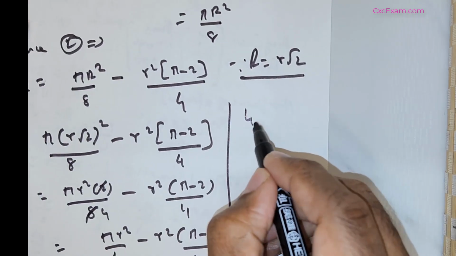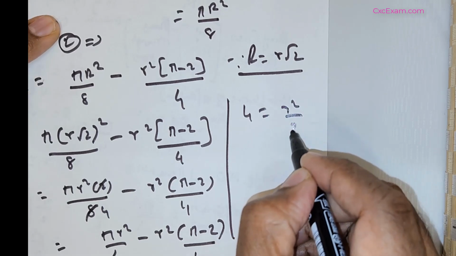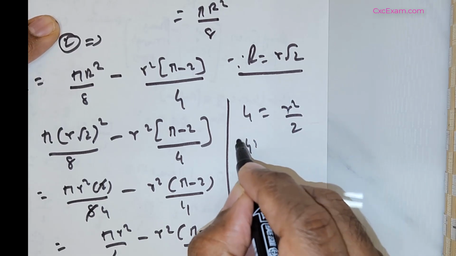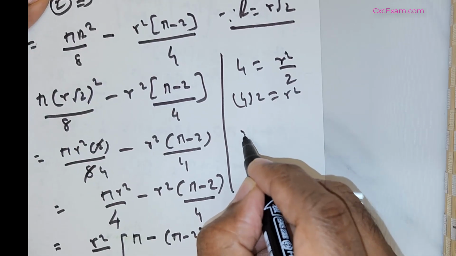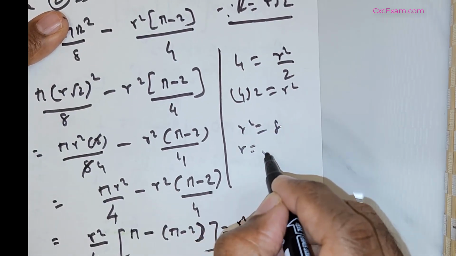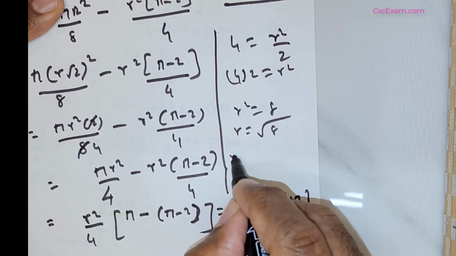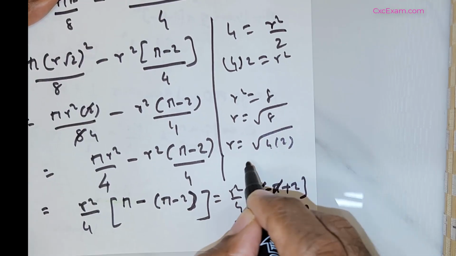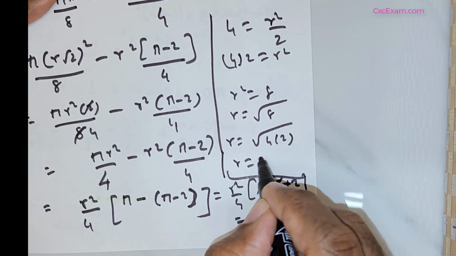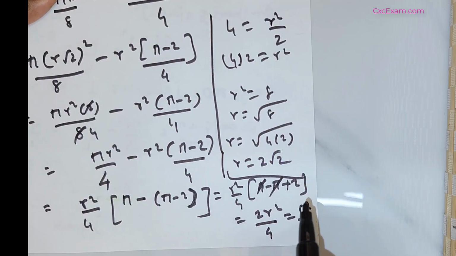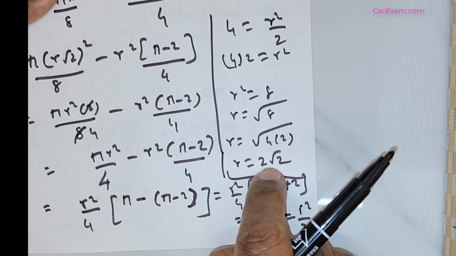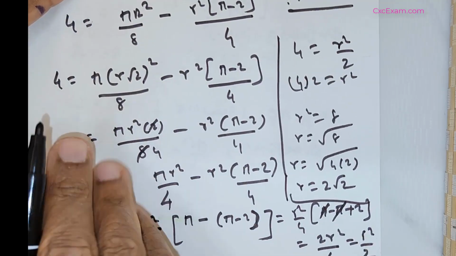On the left side you have 4, so 4 is equal to R squared over 2. Therefore R squared is equal to 8, so R is the root of 8. Writing 8 as 4 times 2, R is equal to 2 times root 2. So this is the value for R.